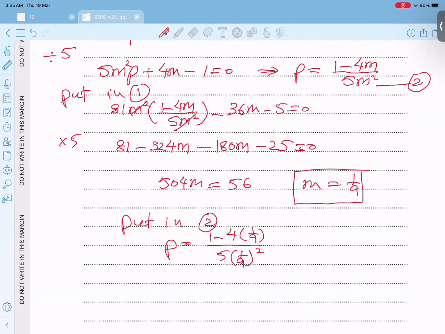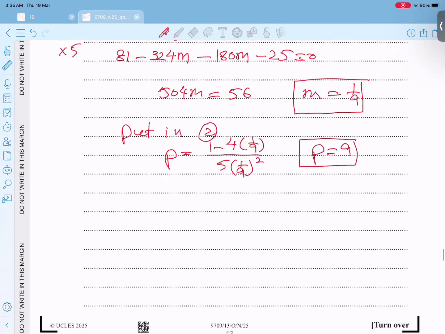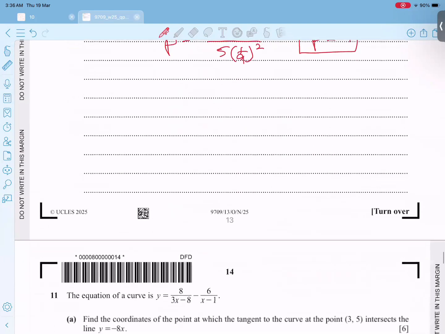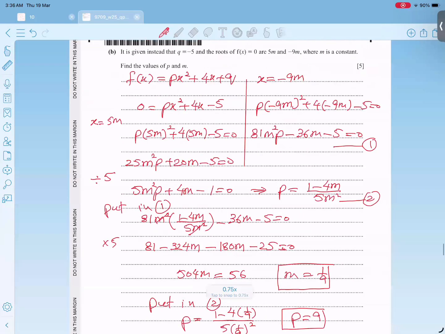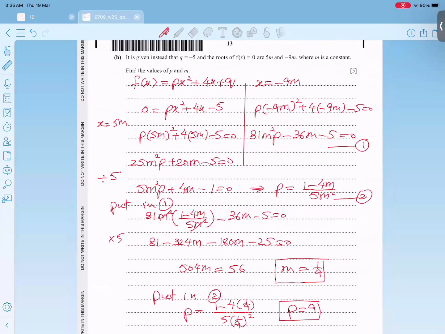So it's a matter of typing in the calculator: 1 minus 4 over 9, and in the denominator 5 divided by 81, and we are getting p value 9. So I hope the concept of the question is very clear, and the question is completely over. And this part was a little bit tricky, but the only matter is the algebra.